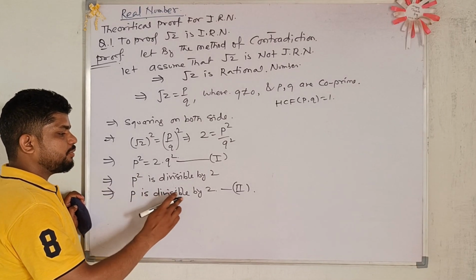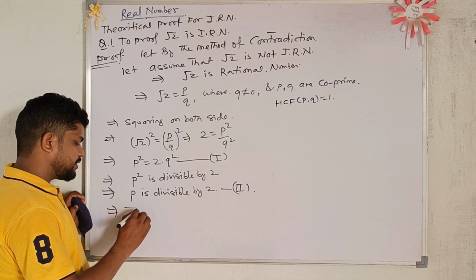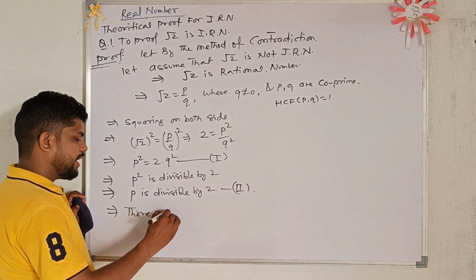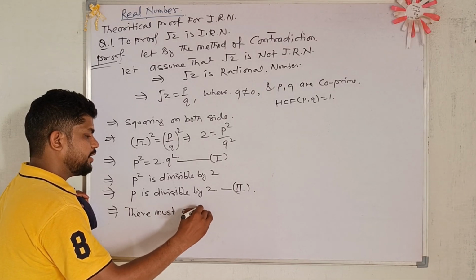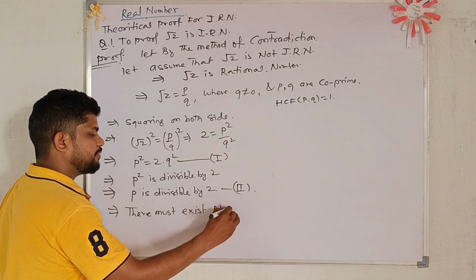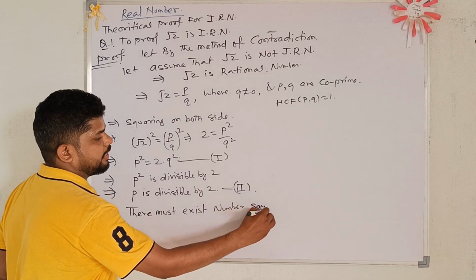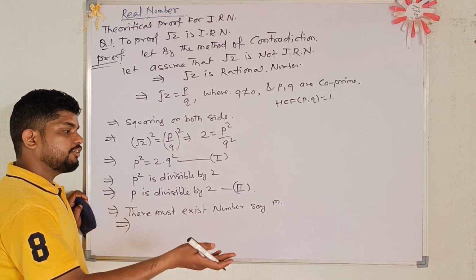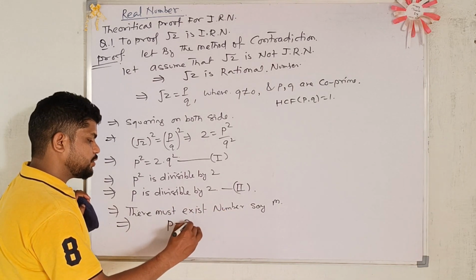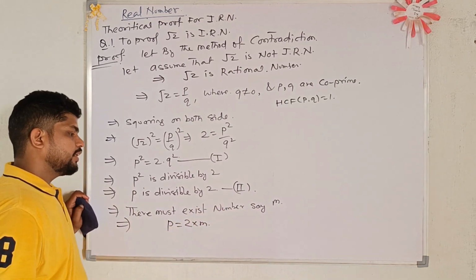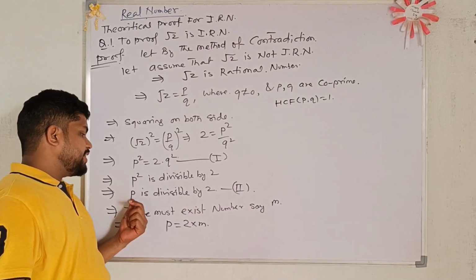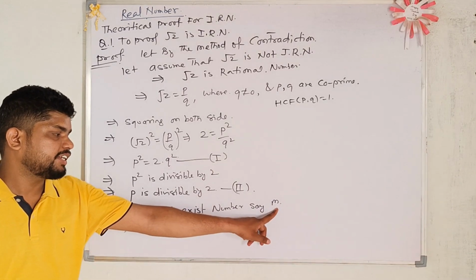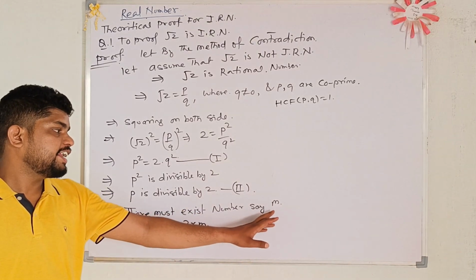Now, if p is divisible by 2, there must exist a number, say m, with which we can write p as 2 into m. I said that if p is divisible by 2, then there must exist another number, say m. I have assumed it to be any number m.